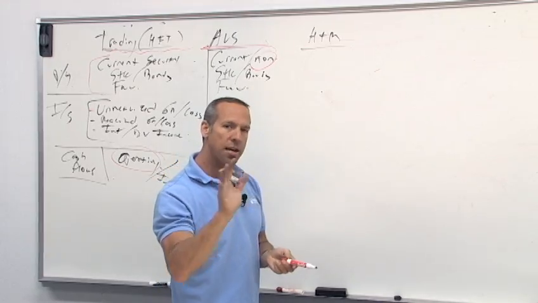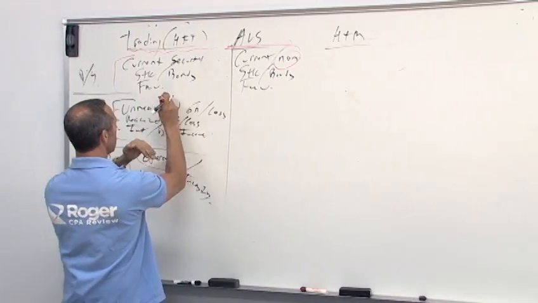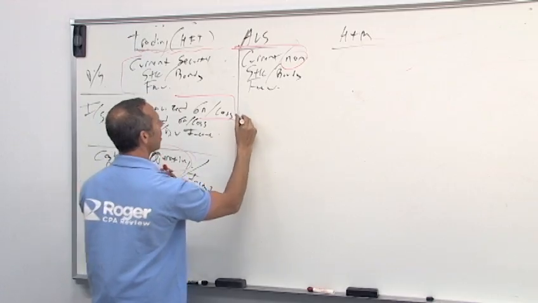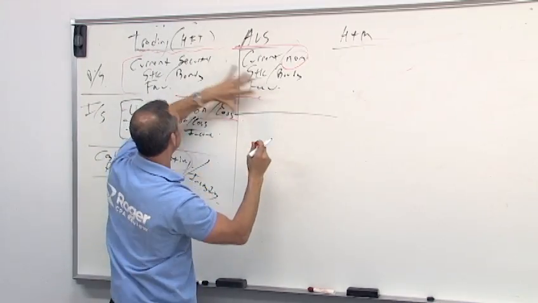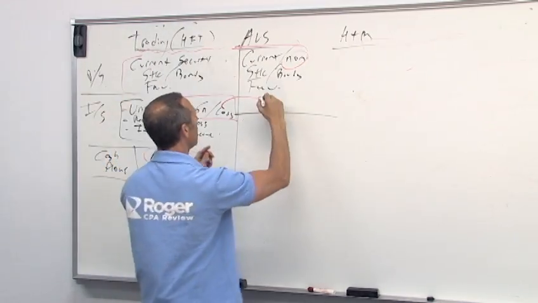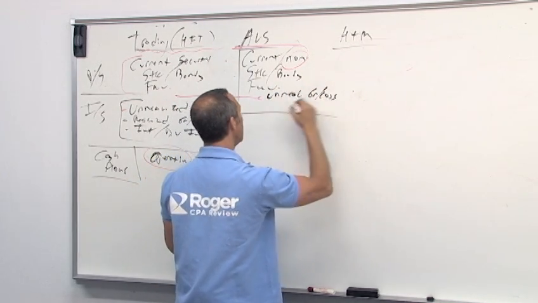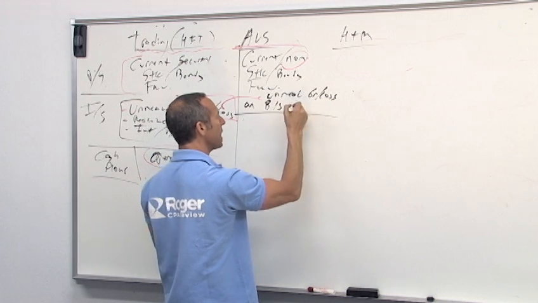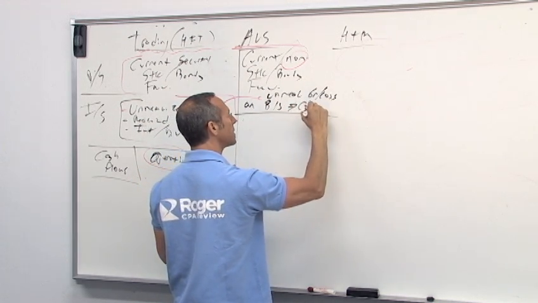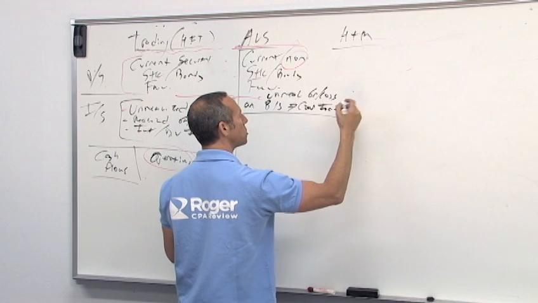Now here's the big difference. This box right here, that's going to go up here in this top part. So if you have an unrealized gain or loss, it goes on the balance sheet as part of comprehensive income, which is part of equity.